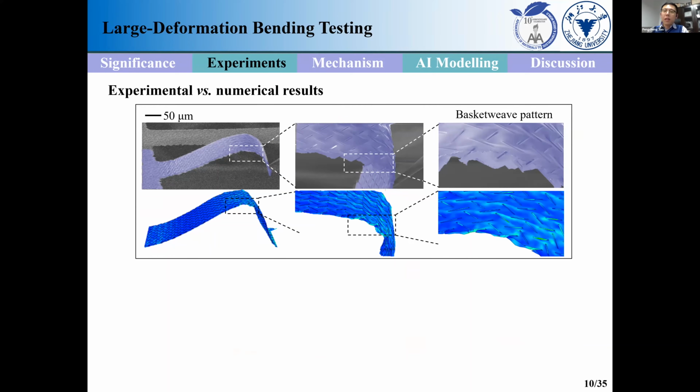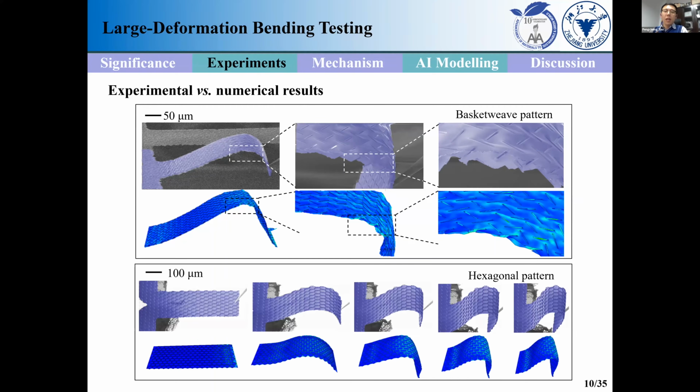And here is the comparison between the experimental and the numerical, and we see that both the overall deformed configuration and the configurations in detail, numerical and experimental, match each other pretty well. And here is a quick comparison through the whole deformation process.